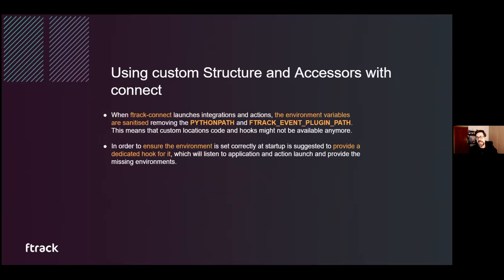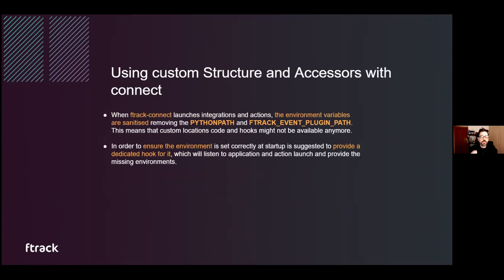is that ftrack Connect will sanitize the environment variables whenever you start some application or action. Which means basically that the Python path and the ftrack event plugin path will be stripped off. What does this mean? That this information won't be available anymore when your application starts, so the session won't be able to register the location again.